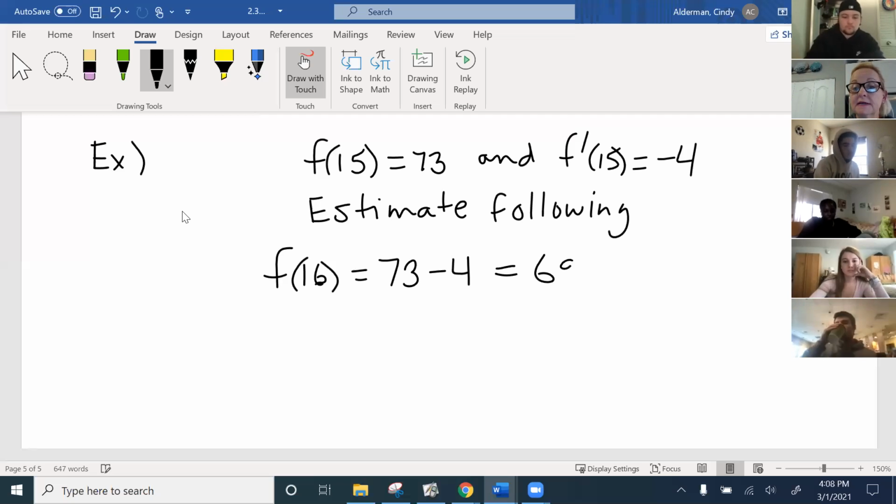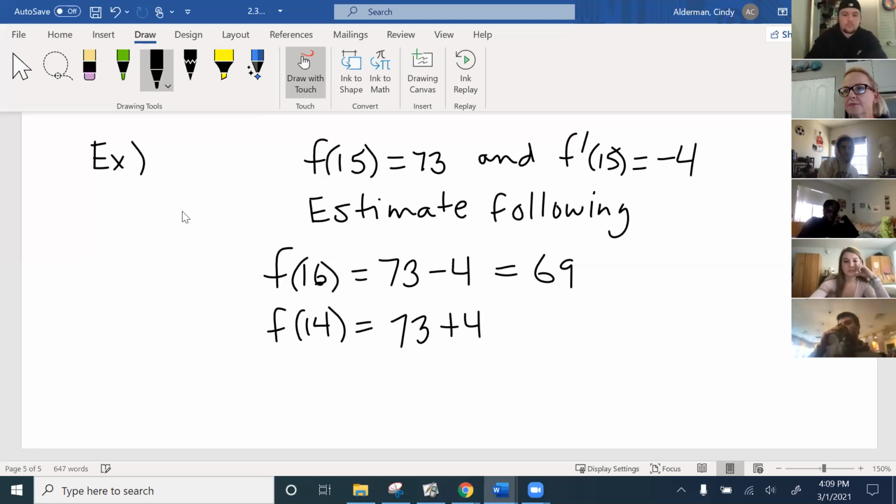So that will be 69. Now, what about f of 14? It's going to decrease by 4, but if we're going backwards in time, it's actually going to be increasing, right? So it would be 73 plus 4. That will give you 77.